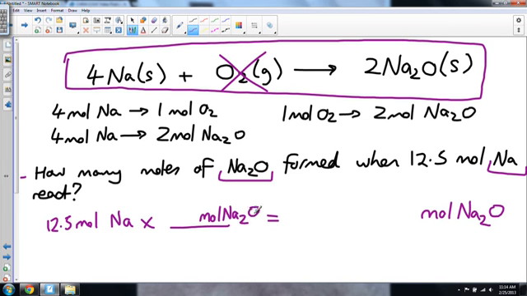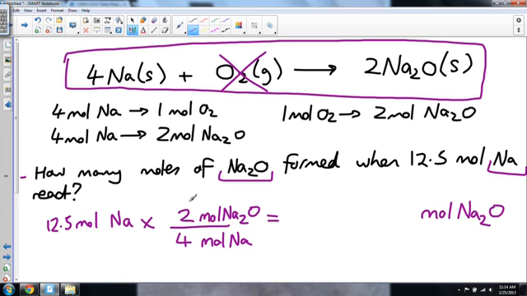And also because the moles of sodium we want to get rid of, that's got to go on the bottom. From our balanced equation here, we can see that for every 4 moles of sodium that we put in, we get out 2 moles of sodium oxide.